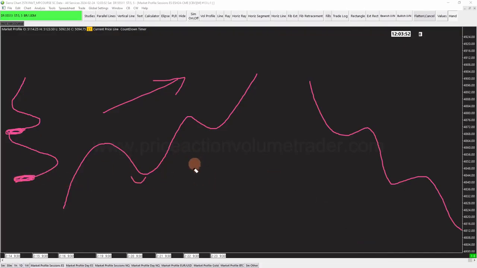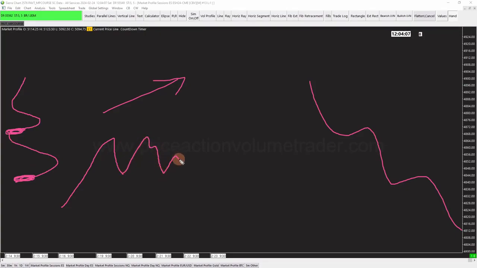And sometimes, let me clear this up here, we'll get something more like this, because remember, this is going to take some volume and time to develop. Maybe we come several times into this level, and then we finally have our breakout.